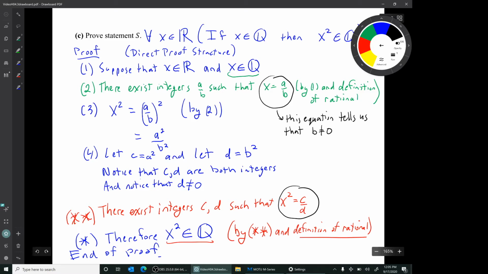So we can use that in our justification of our statement 4. So from statement 3, we know that that should be statement 2. From statement 2, we know that b is not 0. And then from the zero product property, we know that b times b is also not 0.